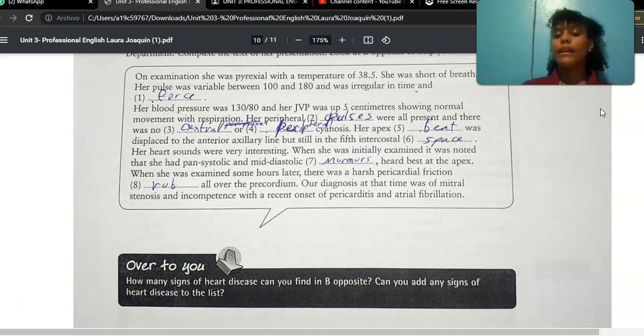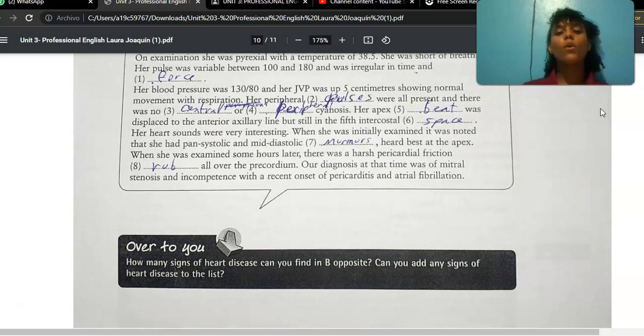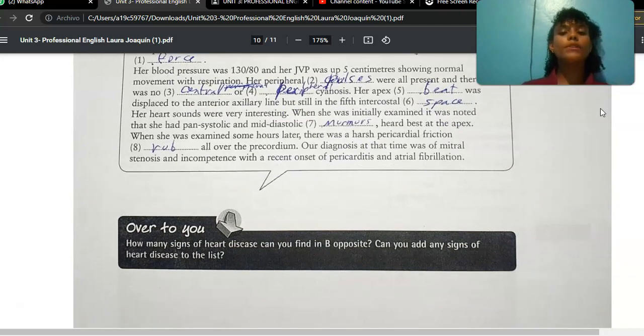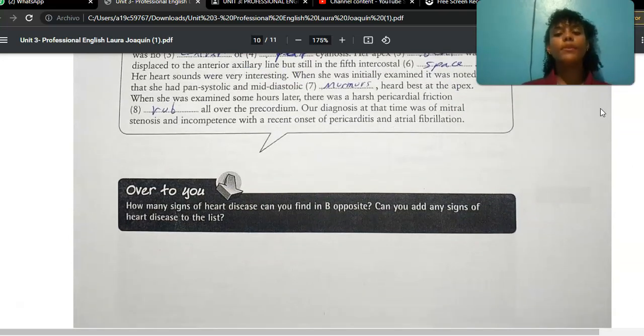Heard best at the apex. When she was examined some hours later, there was a harsh pericardial friction rub all over the pericardium. Our diagnosis at that time was a mitral stenosis and incompetence with a recent onset of pericarditis and atrial fibrillation.